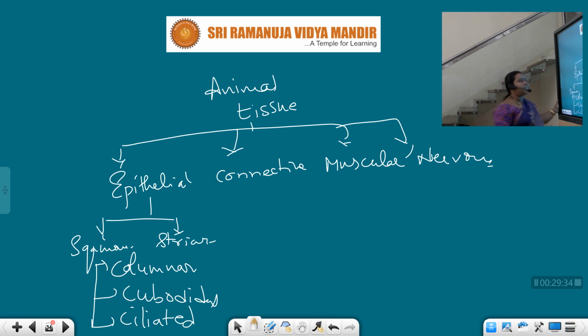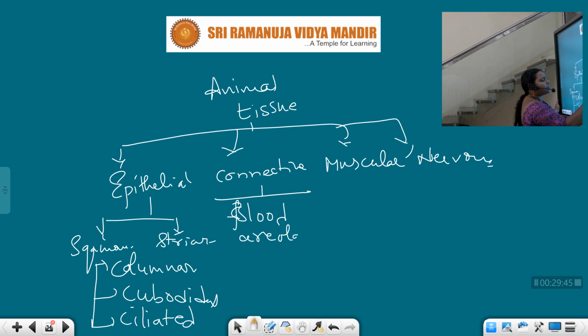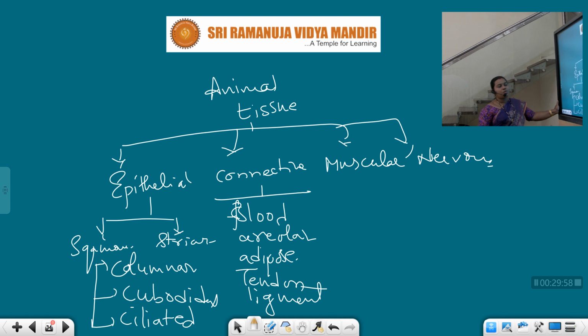Connective tissue, so many types are there: fluid connective tissue like blood, areolar, adipose, tendon, ligament. These are the different tissues: blood, areolar, adipose, tendon, and ligament. Lymph is also one type of tissue.